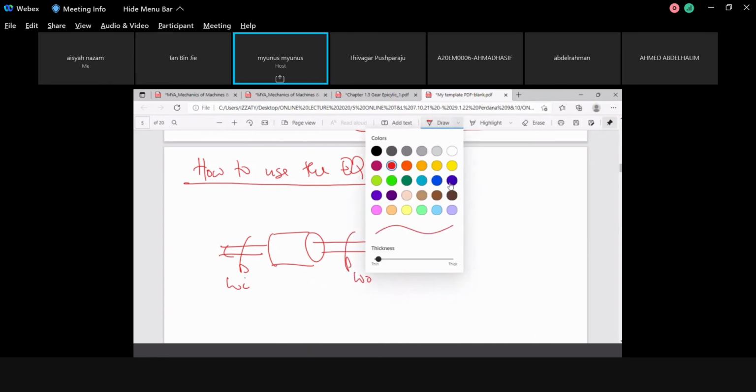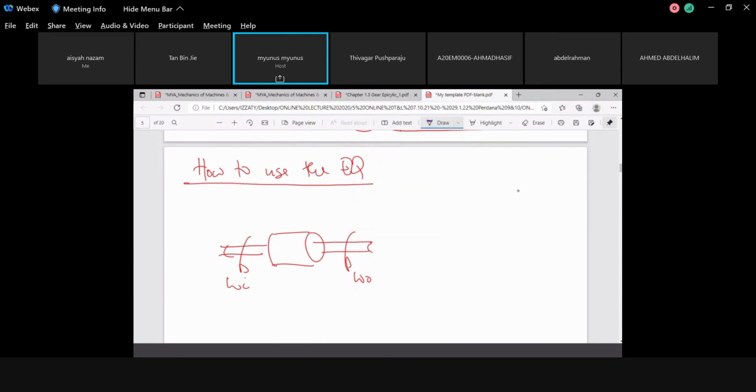Then you have Ti and To. So this one will be Ti, this one will be To. You do not know what Tb is. This could be Tb, this one also could be, which we do not know. Let's say Ti is equal to 200 Newton meter. Let's say To is equal to 100 Newton meter, assuming, because we want to solve the equation.